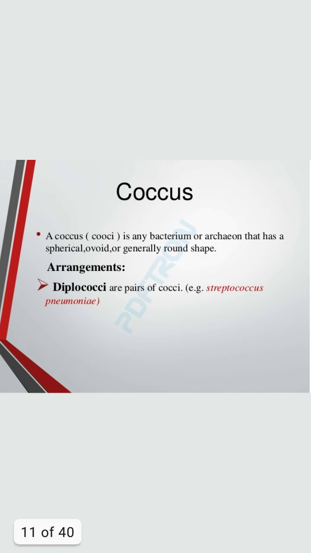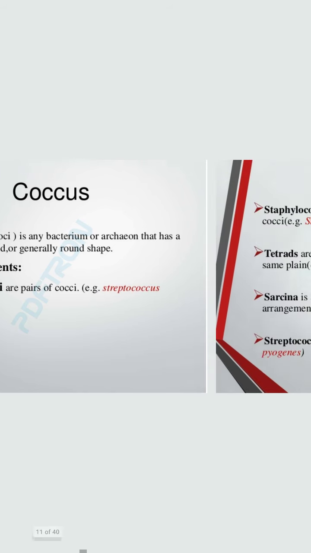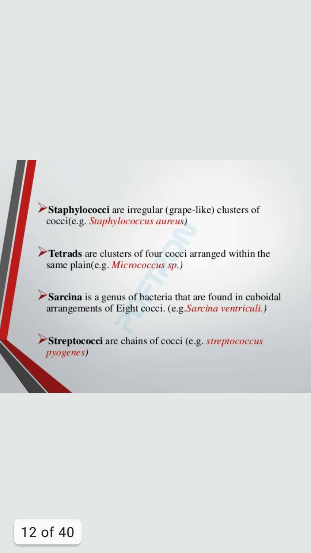Coccus. A coccus is a bacterium that has a spherical, ovoid, or generally round shape. Arrangements: diplococci are pairs of cocci, for example Streptococcus pneumoniae. Staphylococci are irregularly shaped clusters of cocci, for example Staphylococcus aureus.